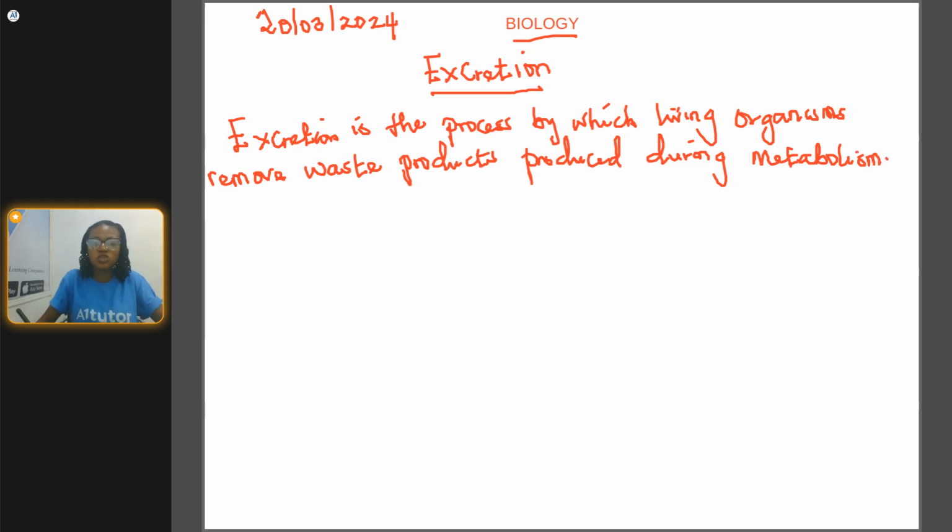So this is the definition of excretion, and I hope you are familiar with excretion, removal of things that are not needed in your body.